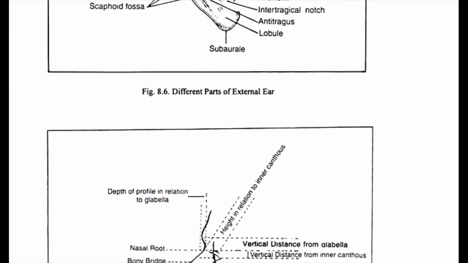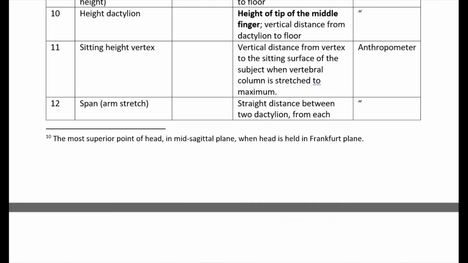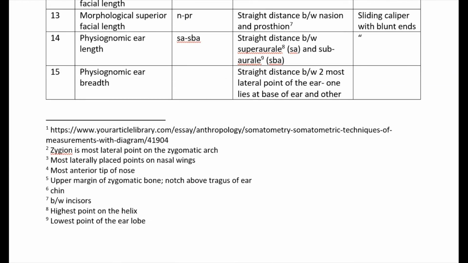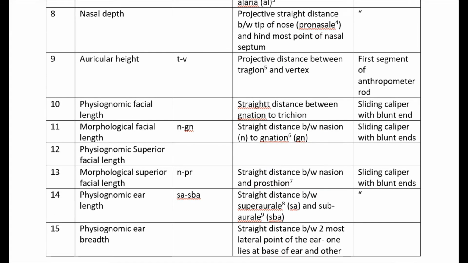The definition of trageon is the point at the upper margin of the zygomatic bone, or a slight notch-like structure above the tragus of your ear. So this is the landmark definition for trageon. And how do we measure this?